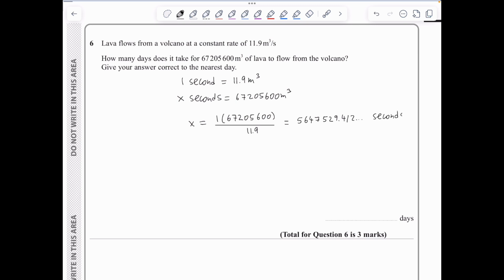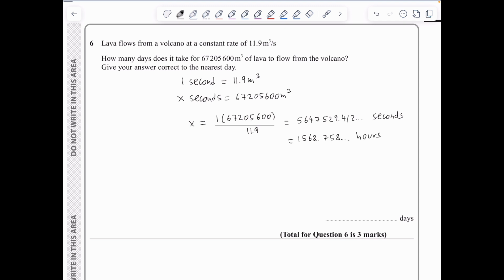Now be careful here, we need to give our answer in terms of days to the nearest day. So to go from seconds to hours, I will divide by 3,600, which is the number of seconds within an hour. If I divide by 3,600, I get 1568.758 hours.